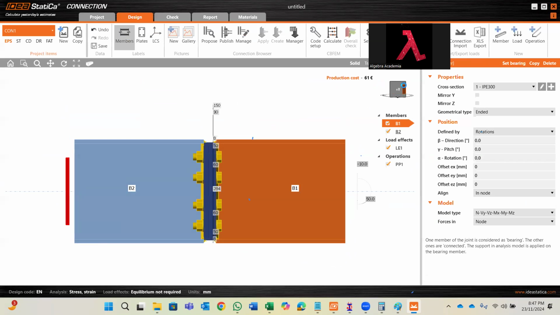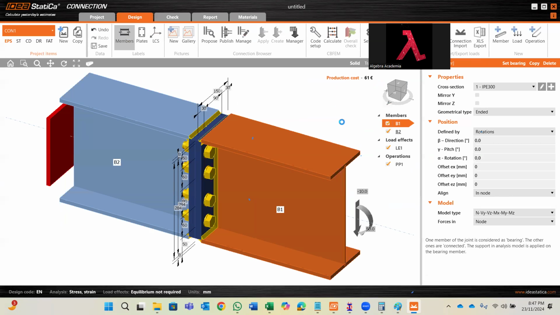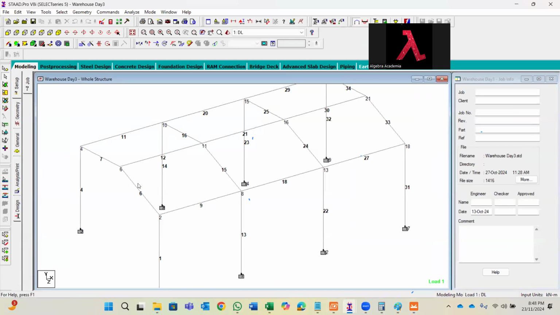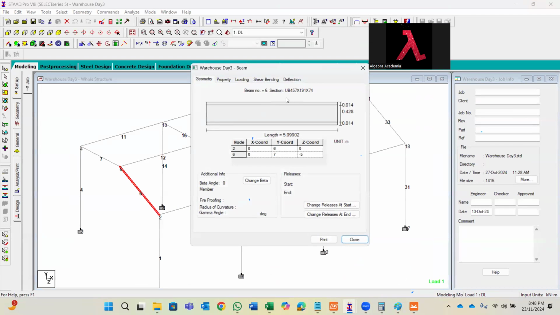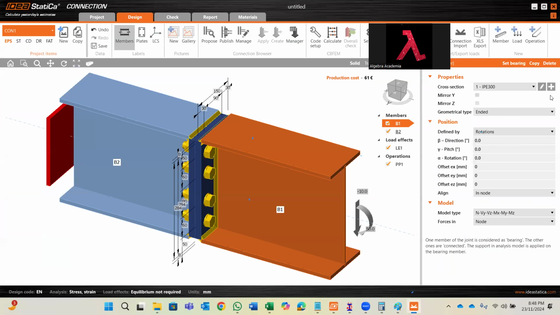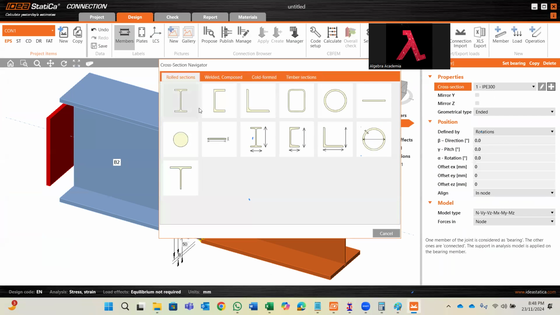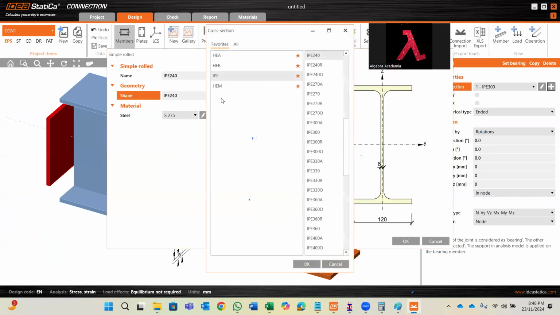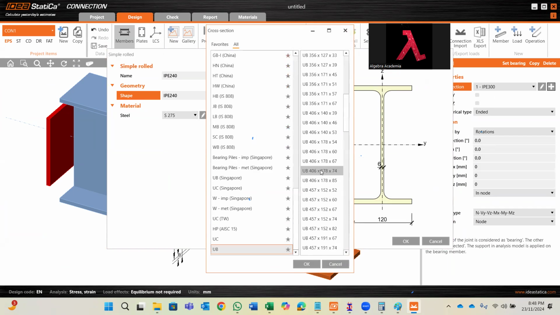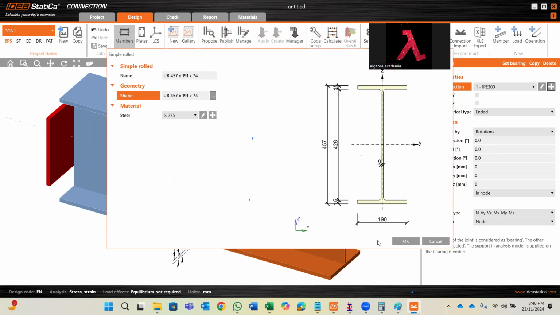Okay. I'll change the section sizes. So 457, 190, 174 UB, 190, 174. The other section size is also the same.